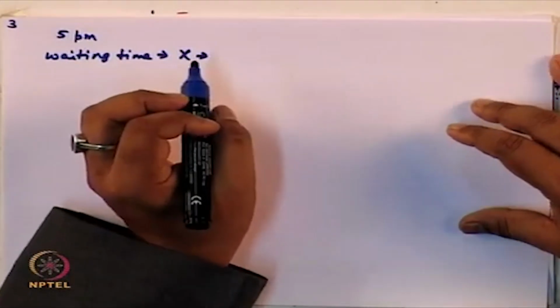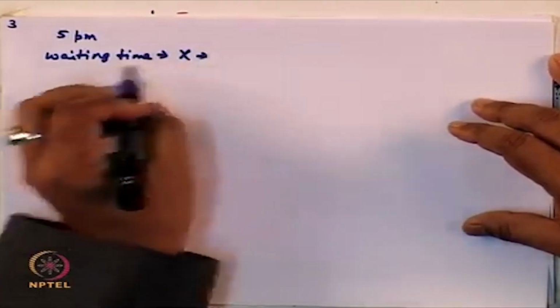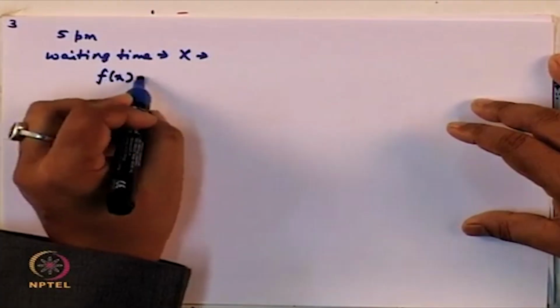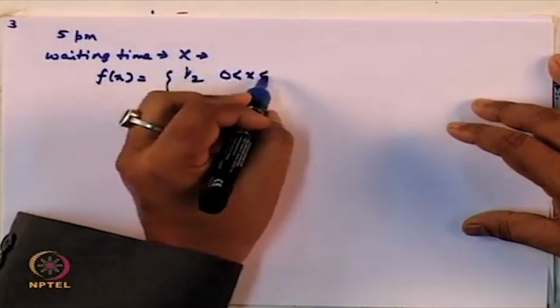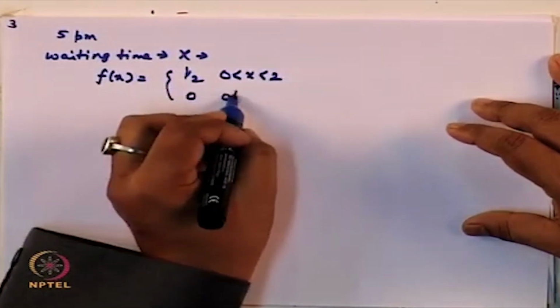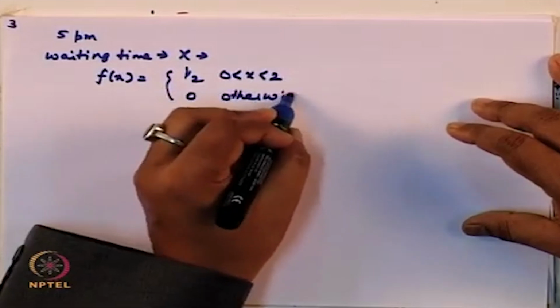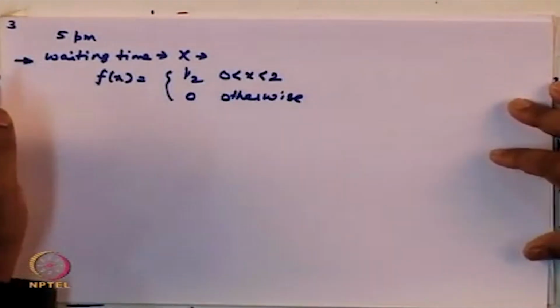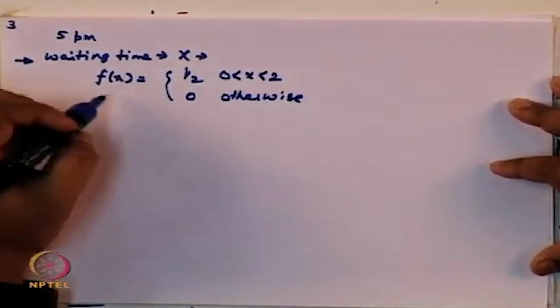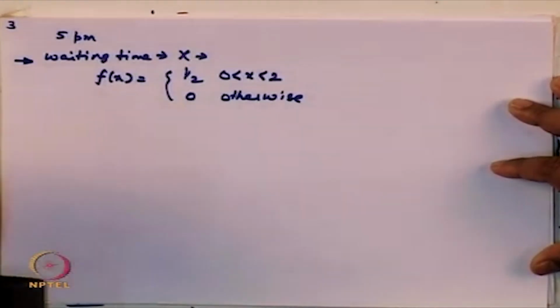It follows the probability distribution f of x given as follows. So, the waiting time x is a continuous random variable, which follows the probability distribution as follows.